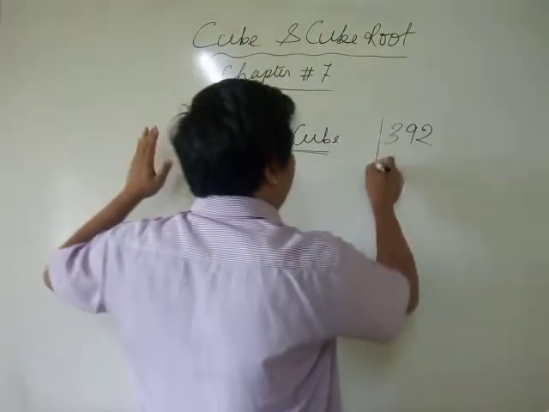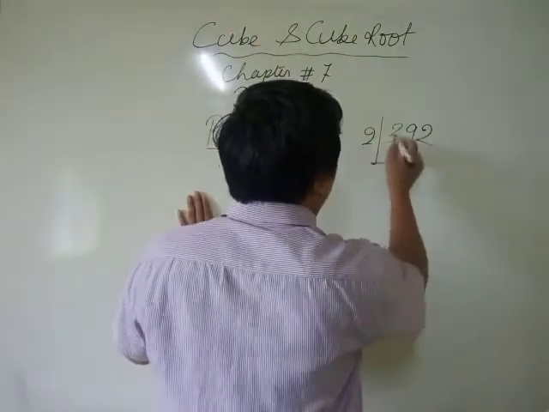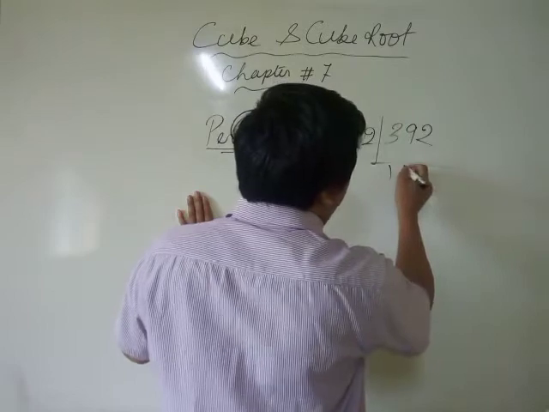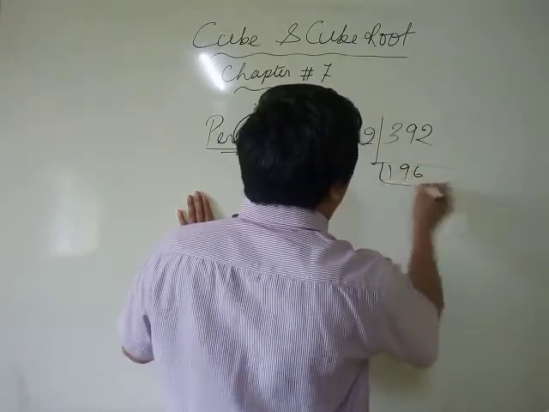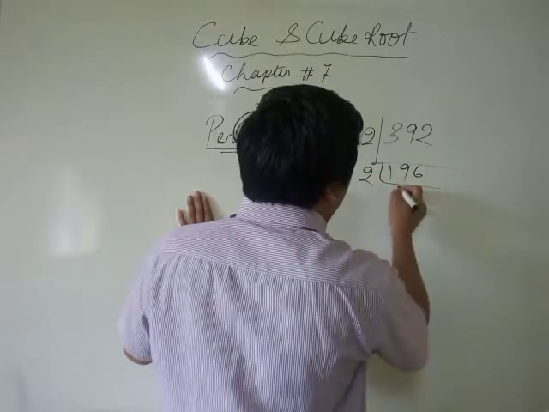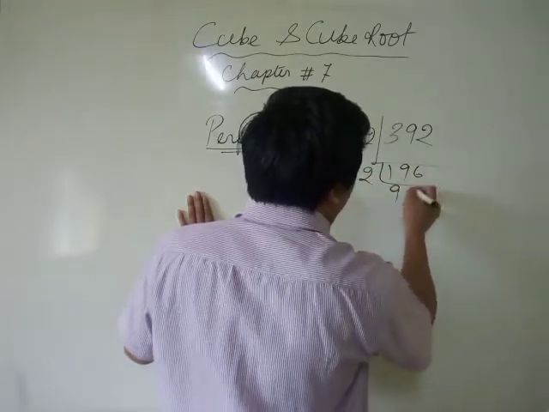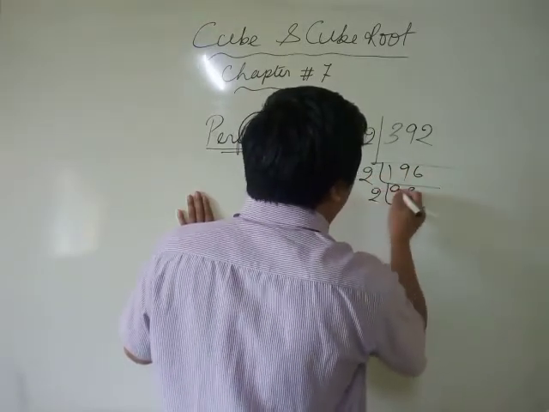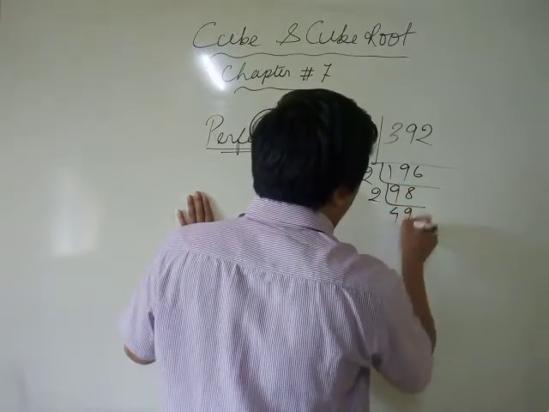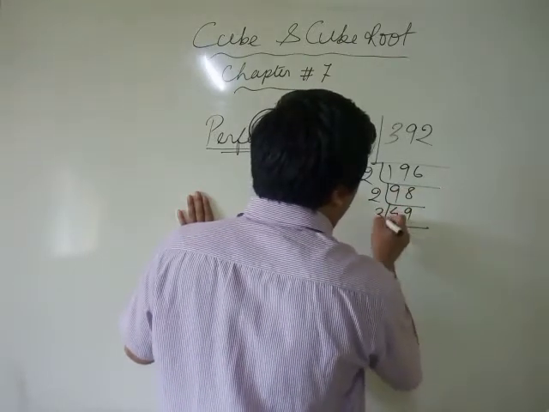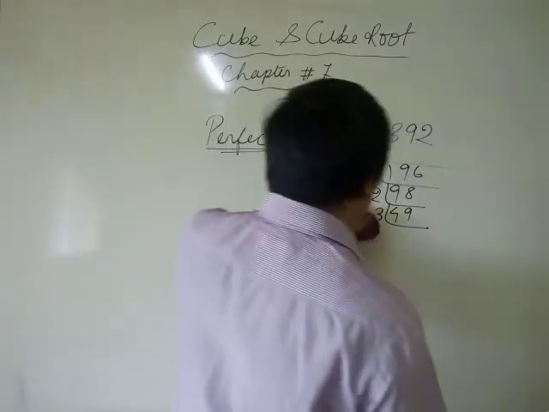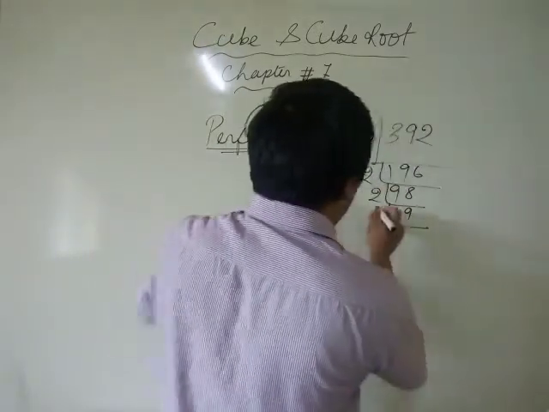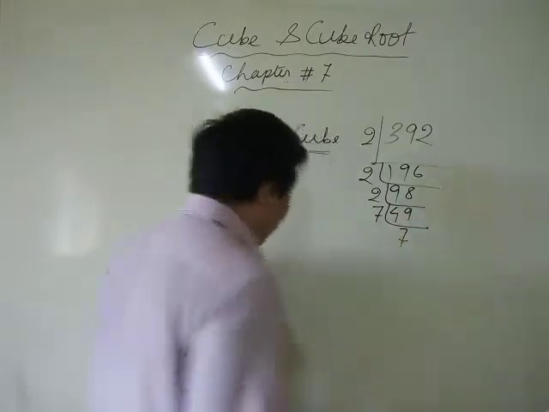Prime factors. Factorize this: 392 divided by 2 is 196, divided by 2 is 98, divided by 2 is 49. Then 3 cannot divide, so now we take 7, 7 is 49.